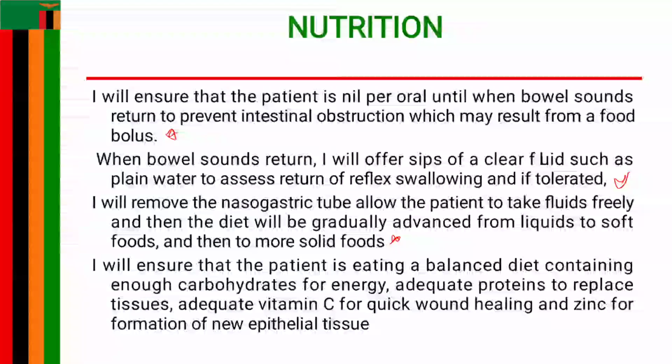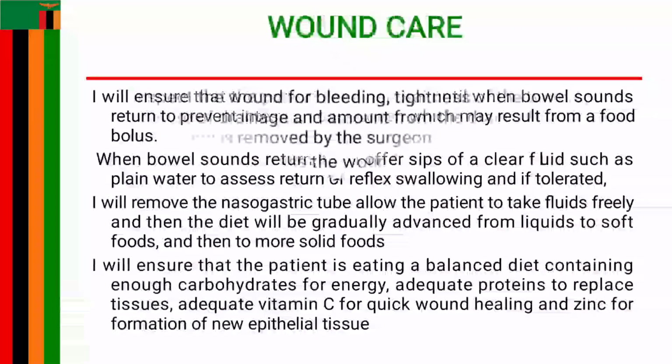Then you move to diets gradually, such as from liquid to solid foods, then to more solid foods. Apart from that, you just ensure that the patient is eating nutritious meals, and you can give examples of nutritious meals that are being given and examples of foods as well.